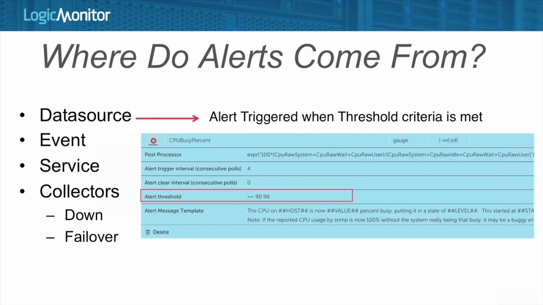We tried to do most of the work for you by including default thresholds for most devices in your LogicMonitor account, which means that alerts will be triggered right out of the box. Our strategy here is that LogicMonitor alerting is opt-out rather than opt-in. So we can give you many alerts right out of the box, and you disable the ones that don't work for your use case.